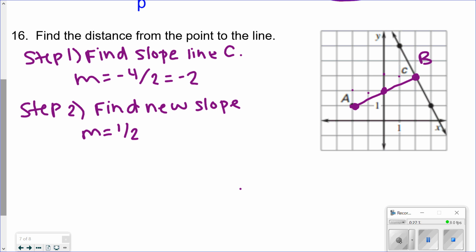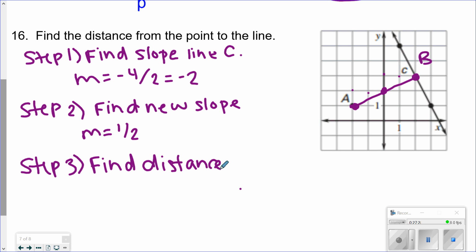So I now want to find the distance between point A and point B. So step 3 is to find the distance of point A to point B. So point A is the coordinate -2, +1.